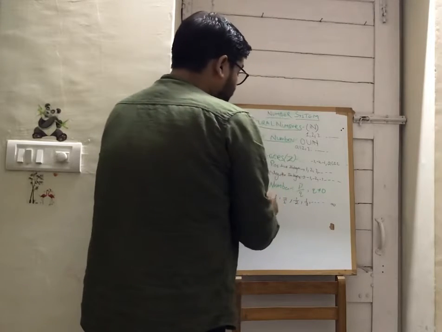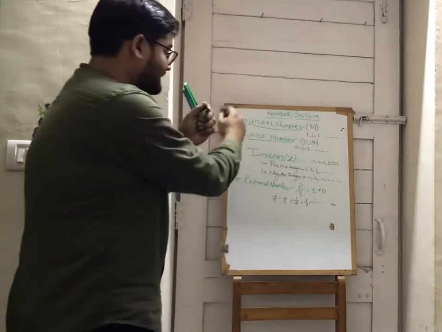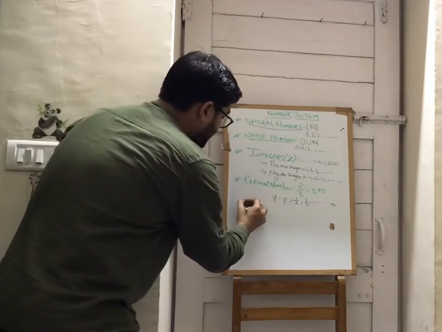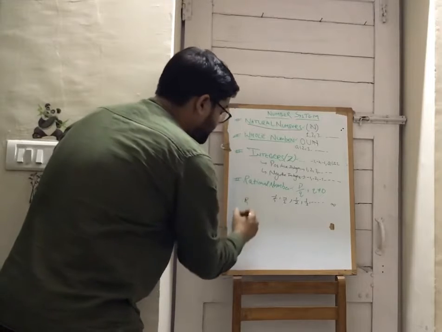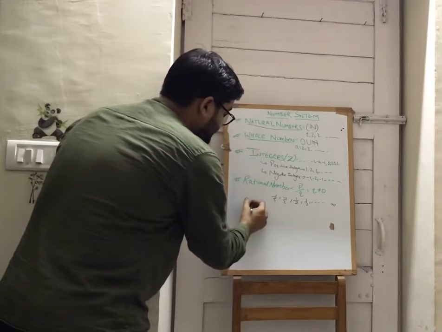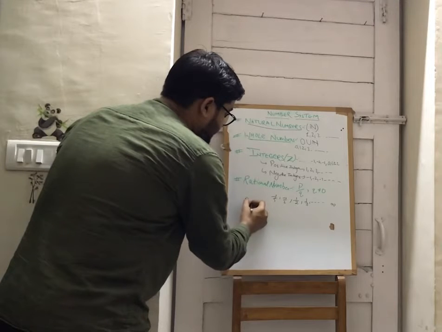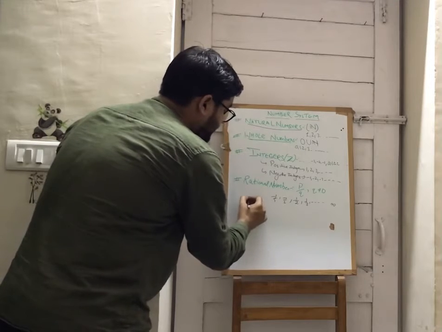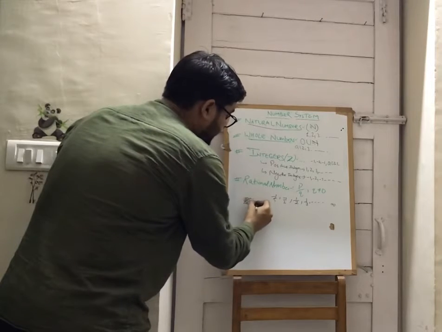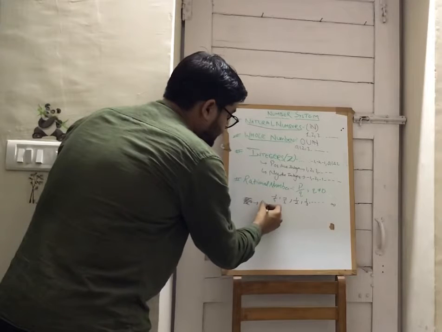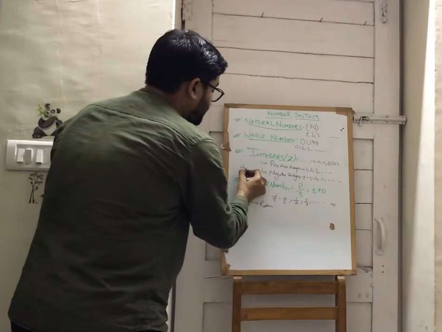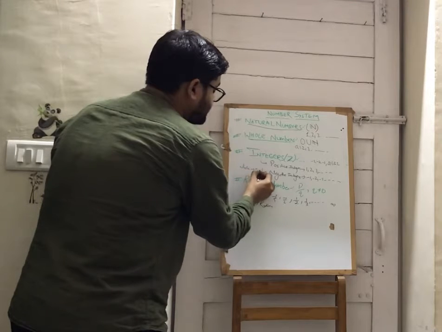Look, in rational numbers, all integers are contained. So we can say that all integers are rational numbers. In this, we can say that all whole numbers are integers.